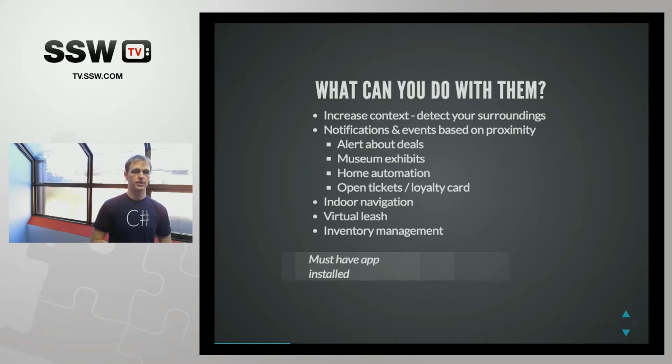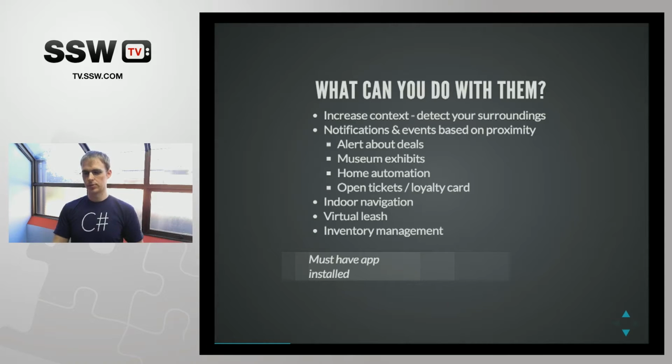Museum exhibits, so when you walk up to an exhibit, your phone will know what exhibit you're looking at and provide some more information. Home automation is another one that's starting to come along. So if you have a beacon in your house, your phone knows that you've arrived home and can then ping something else to perhaps turn on the lights or whatever.